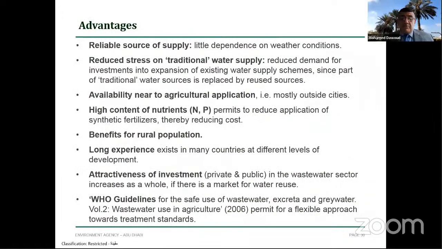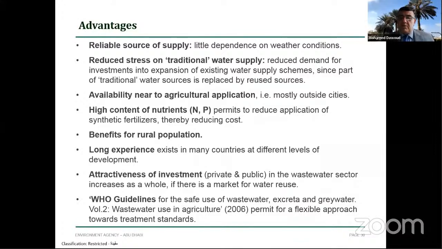Actually, the advantages of using treated wastewater are many. It is a reliable source of supply, and it continuously increases with the increasing population and the increasing demand for potable and domestic water supply. It is available near agricultural applications because it's produced in the urban areas.